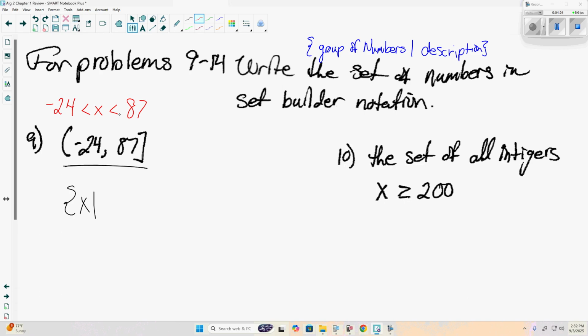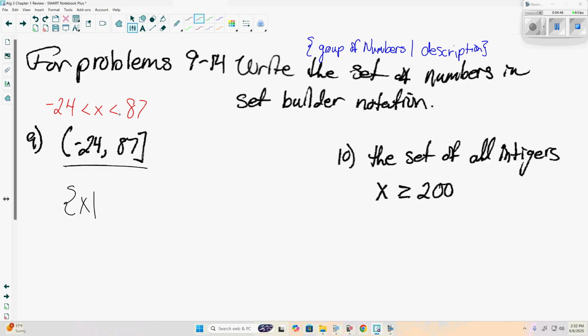Now, because we do have 2 endpoints, it means x is in the middle. So negative 24 is less than x is less than 87 is where we can start. Because it just looks like number 1, we're writing it similarly. The only thing we have to include is our equal sign. If 1, both, or neither need it, we need to add it.